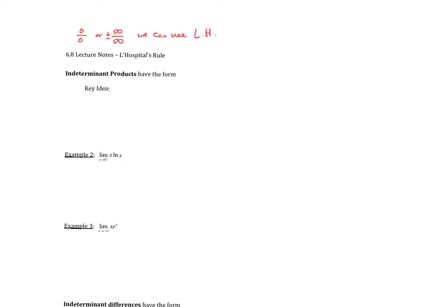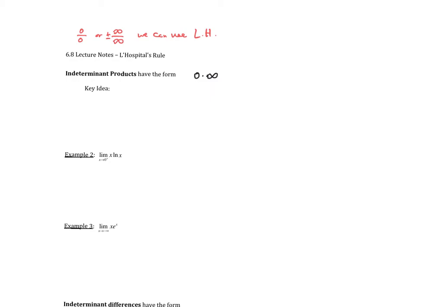What we want to talk about in today's video is something we call an indeterminate form, indeterminate products. So what's an indeterminate product? Just like 0 over 0 doesn't really make sense, and infinity over infinity doesn't really make sense, an indeterminate product has the form 0 times infinity.